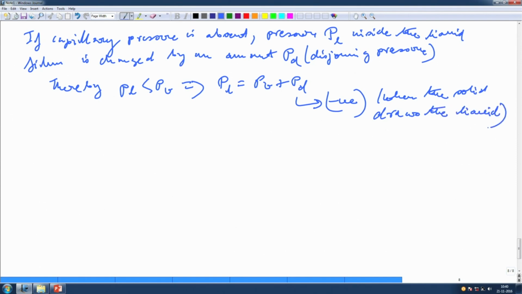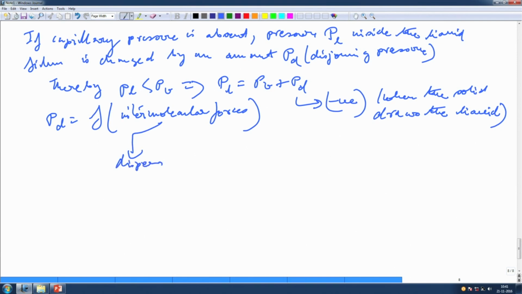So, this PD you can readily see is a function of the intermolecular forces, which is basically a combination of the dispersion forces and the electrostatic ones.